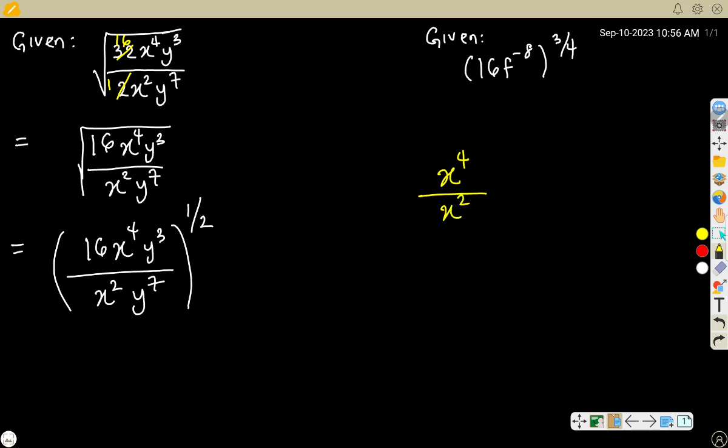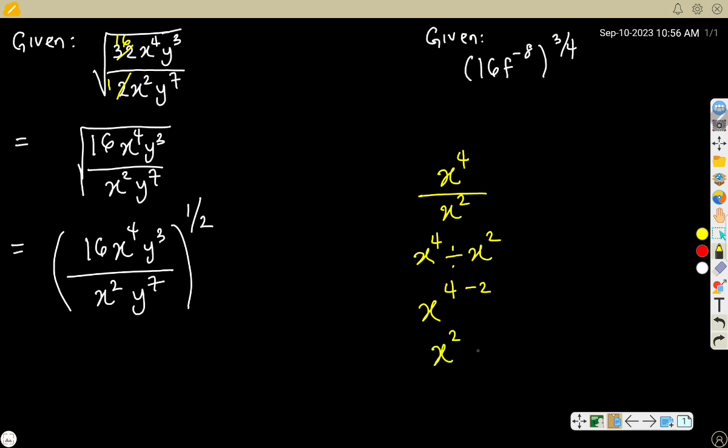So use law of indices. I don't want to cancel, so you can see the law. This is the same thing as x raised to power 4 divided by x raised to power 2. According to the law of indices, anytime you have divide and the bases are the same, you subtract the power. So that is 4 minus 2.